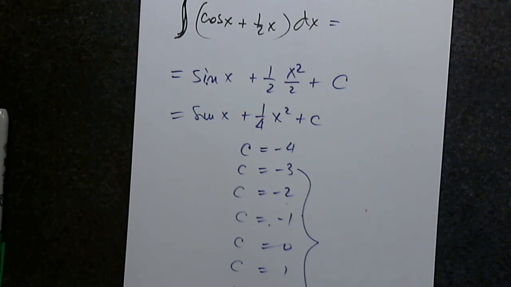Here is the first one with -3. Here's the next one with -2 in it. Here is the next one with -1 in it. Then the one with 0 in it after this. You have your functions. They all differ by a constant.